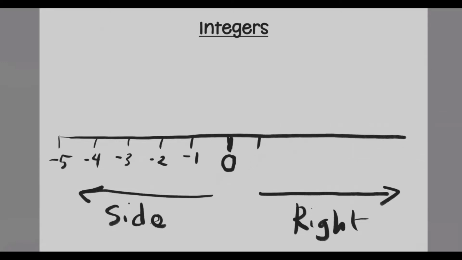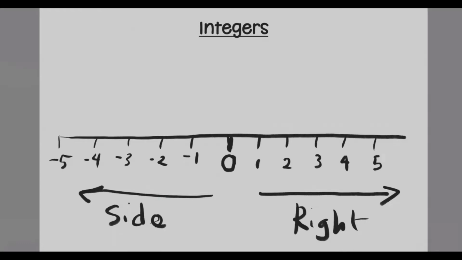And here you have 1, 2, 3, 4, and 5. So as you move from left to right, the numbers become increasingly bigger. And as you move from right to left, the numbers become increasingly smaller.